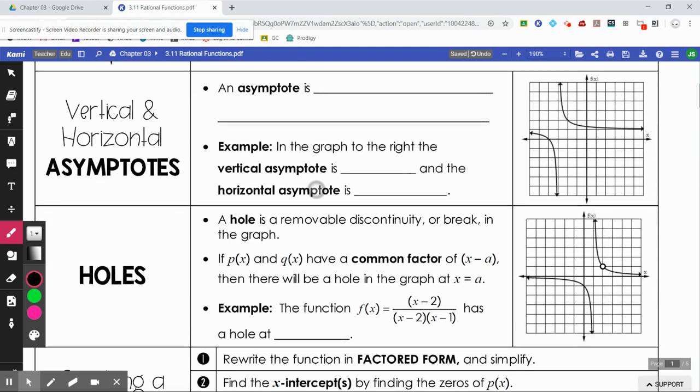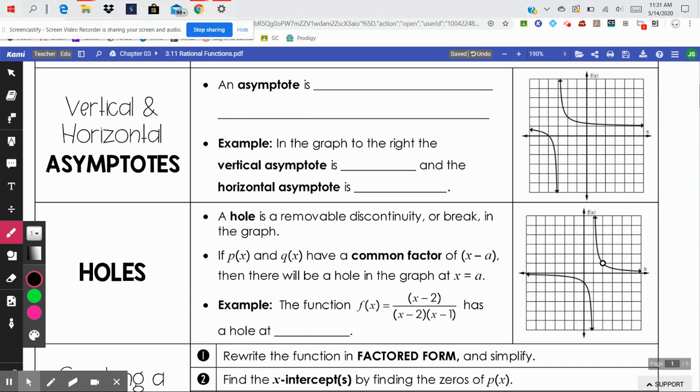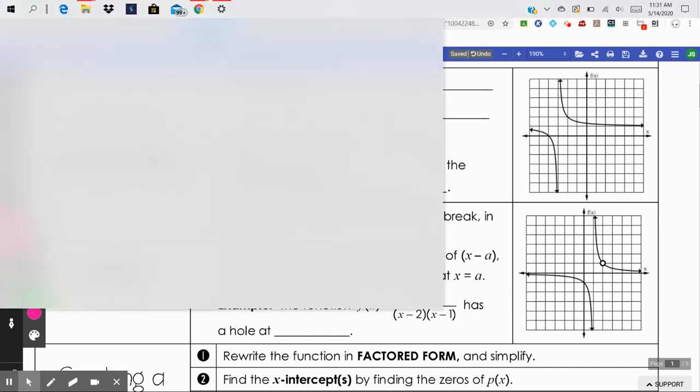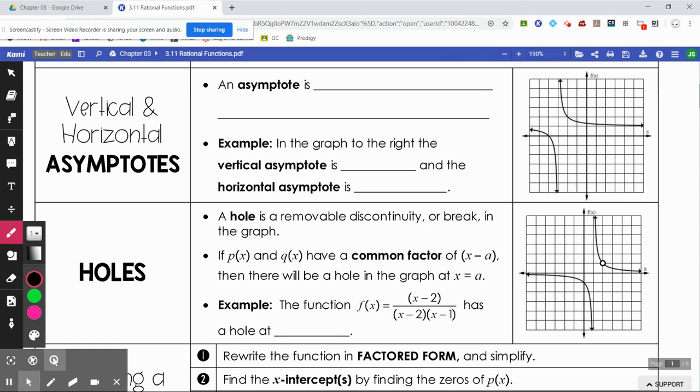Okay, I've kind of already hit on this next part, an asymptote line, what it is. But let's go ahead and formally define it. An asymptote line is a line that a graph approaches.